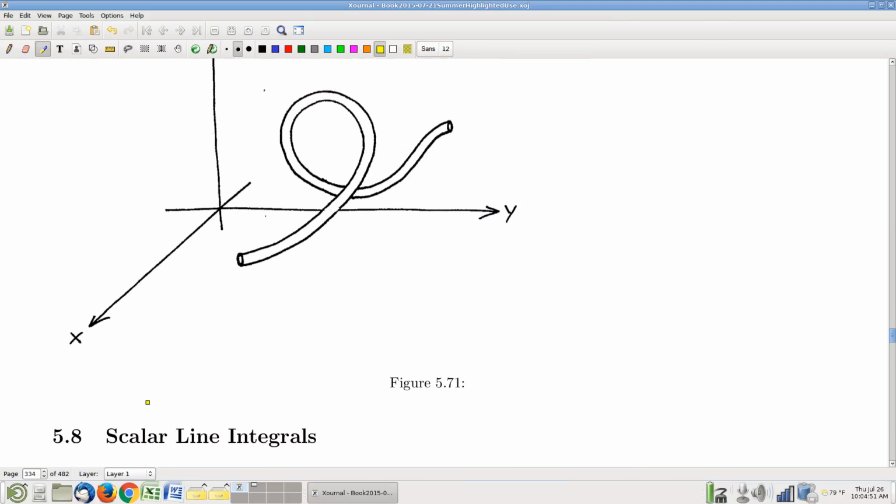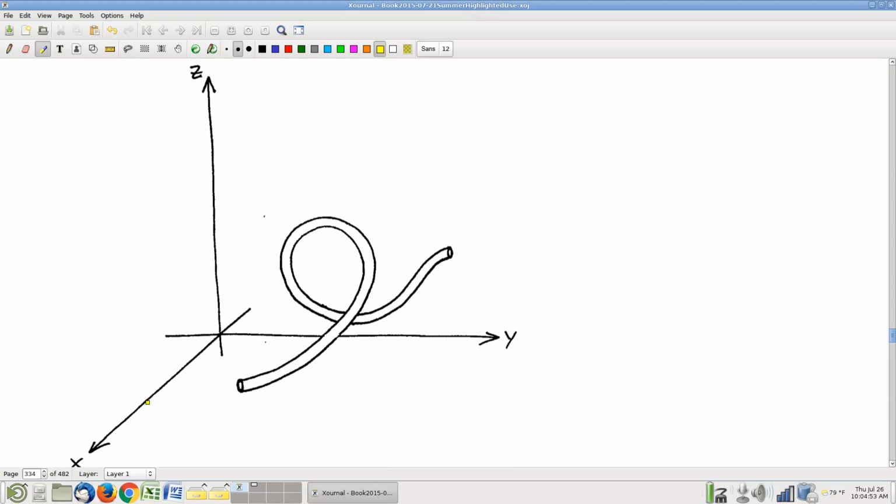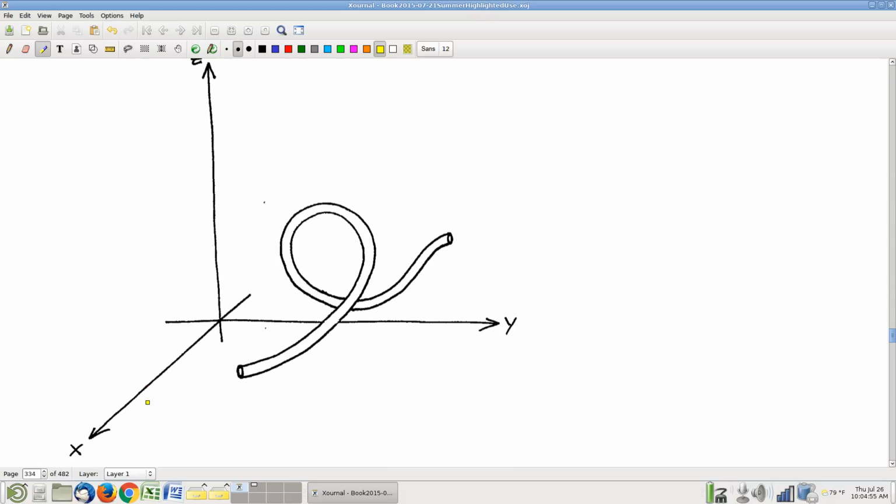Here's the kind of problem that we're going to consider in this next section. Suppose we want to do an accumulation problem, like computing a mass. Here's a one-dimensional rod of which I want to compute the mass. Trouble is, this is in three-dimensional space, and yet it's not really a triple integral.